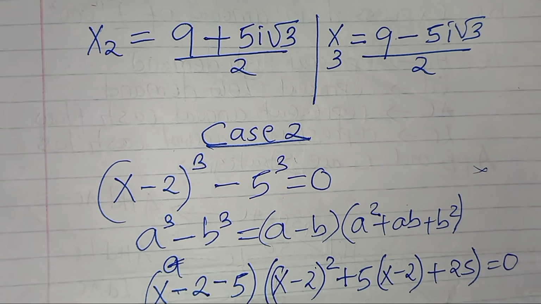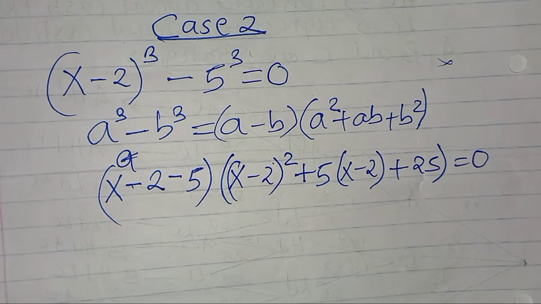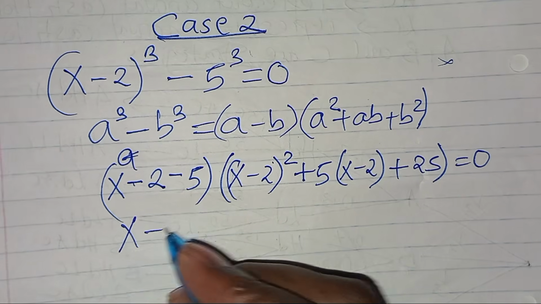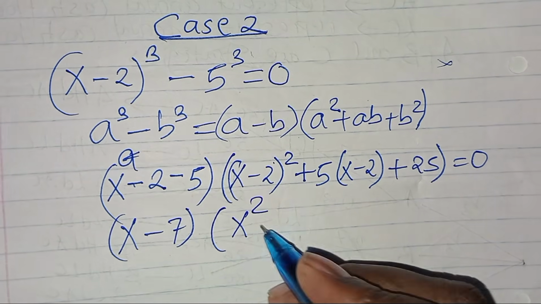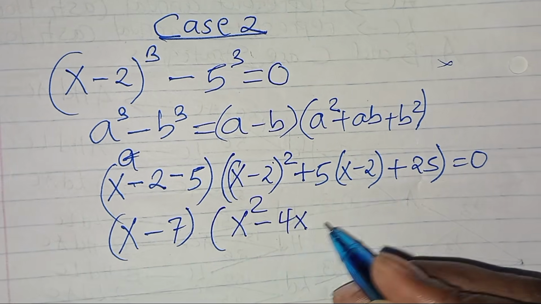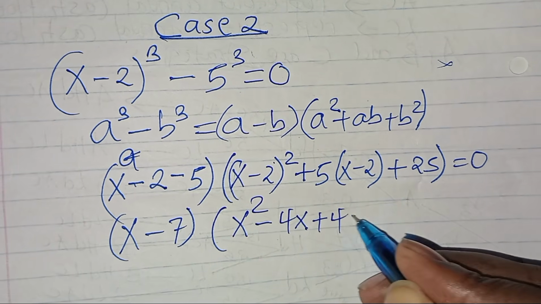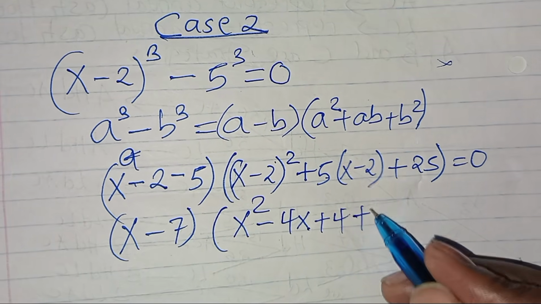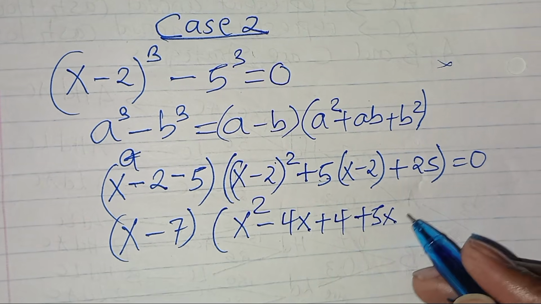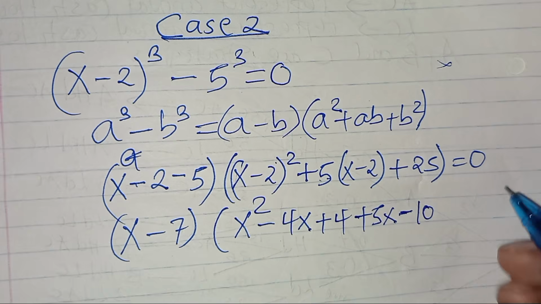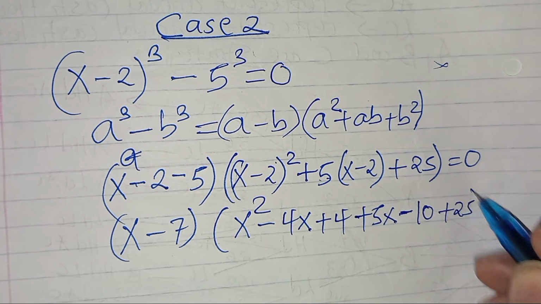Now this is equal to 0. So this is x subtract 7. Here we'll have x squared subtract 4x plus 4 plus 5 times x, this is 5x, 5 times -2, that is -10, then plus 25, this is equal to 0.